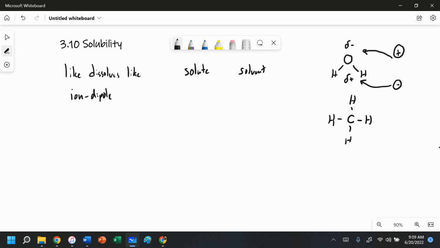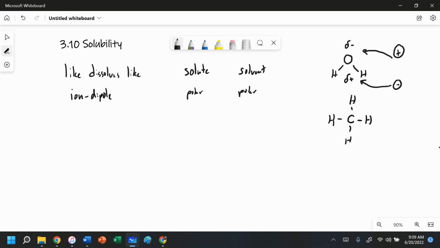So if you had a nonpolar solvent, it would not attract the ions of an ionic compound. So like dissolves like here: ion dipole, ions are charged, dipoles have partial charges, and so they attract one another. So the solute would be ionic, and the solvent would be polar.